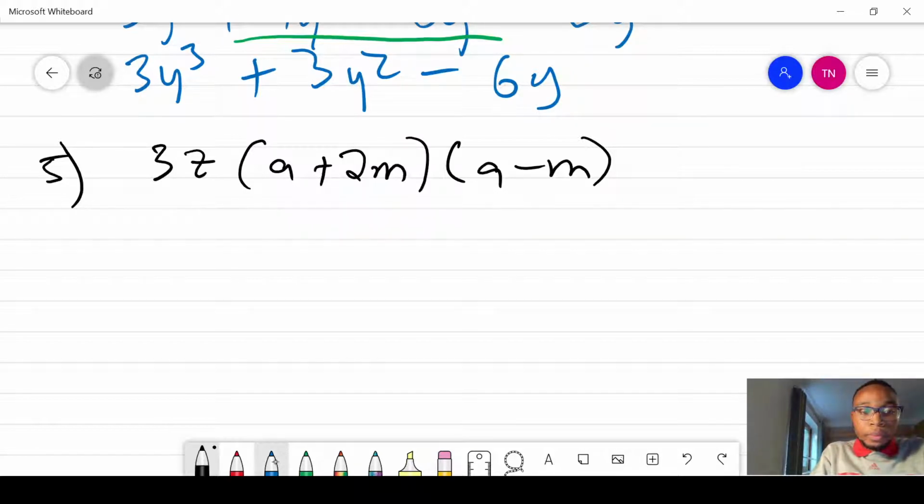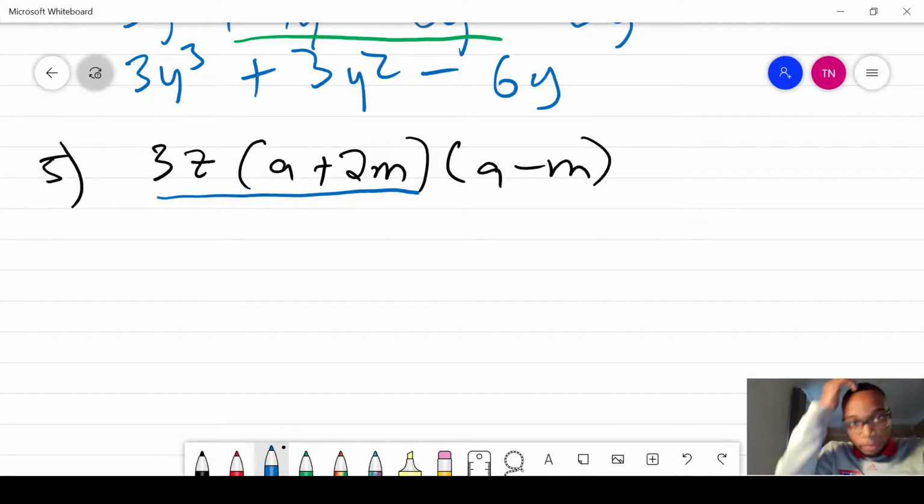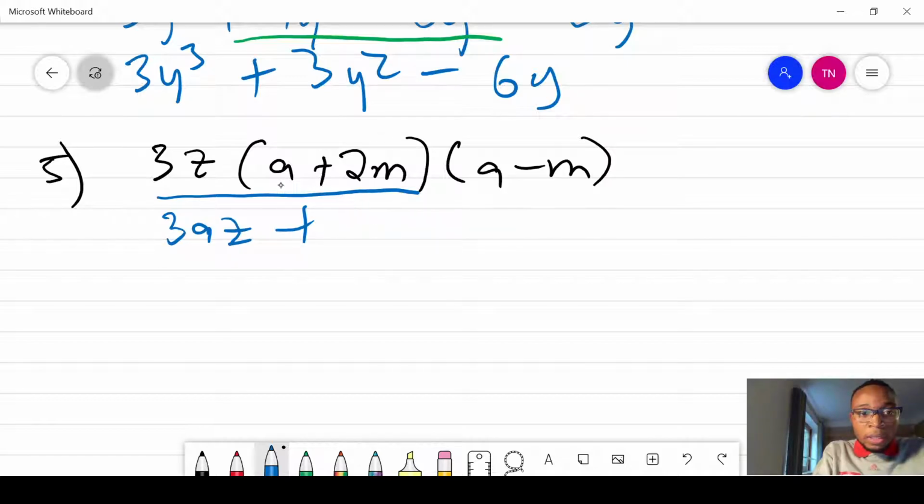So what we're going to do again, we start with these two. We're going to expand them alone. Then from there, we're going to multiply what we have with the remainder of the components here. So 3z multiplying a is going to be 3az, plus 3 times 2, that is 6z times m, that is going to be 6mz.